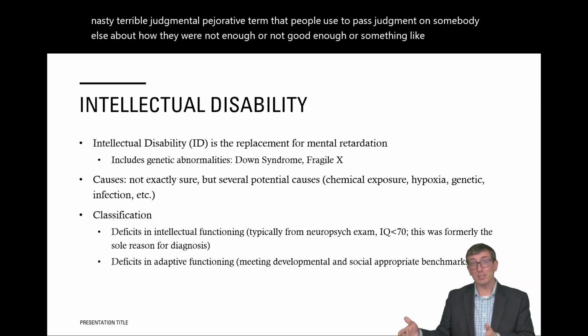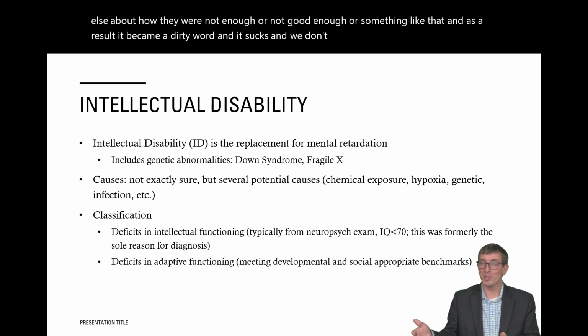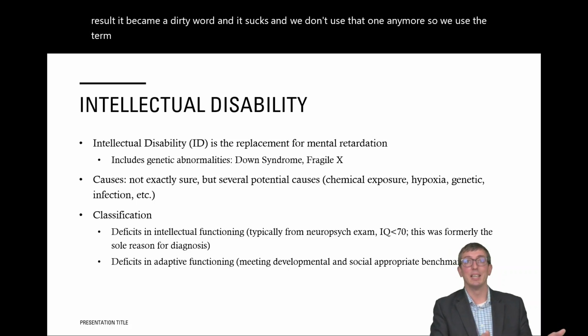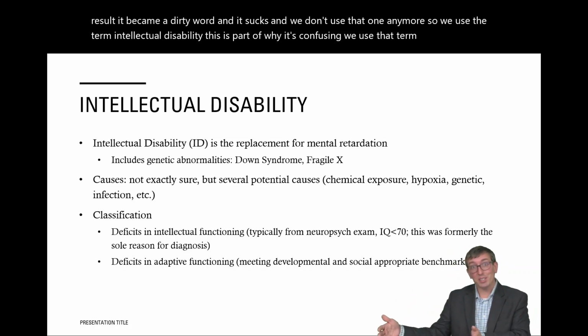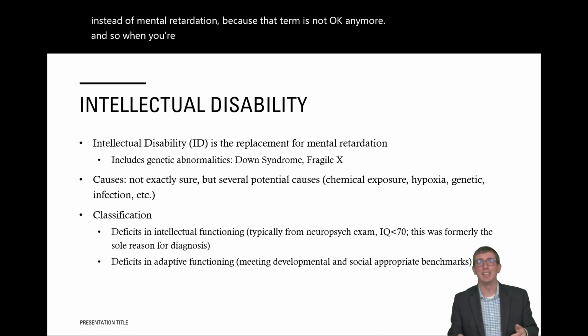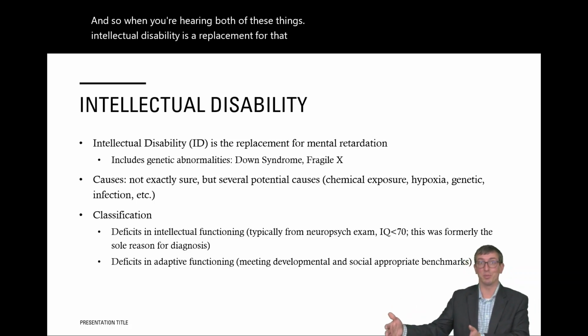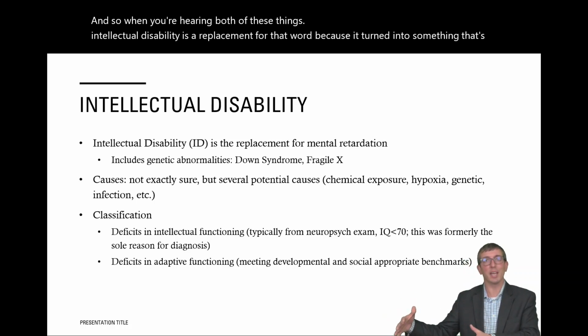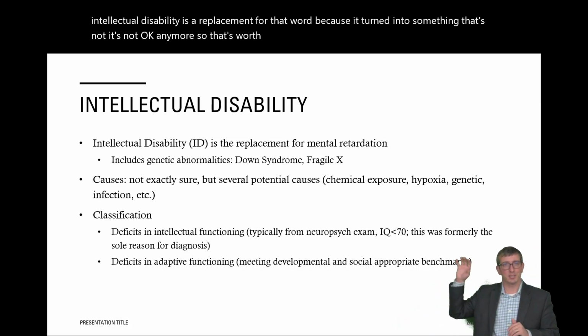And as a result, it became a dirty word and we don't use that one anymore. So we use the term intellectual disability. This is part of why it's confusing. We use that term instead of mental retardation because that term is not okay anymore. So when you're hearing both of these things, intellectual disability is a replacement for that word because it turned into something that's not okay anymore. So that's worth mentioning.